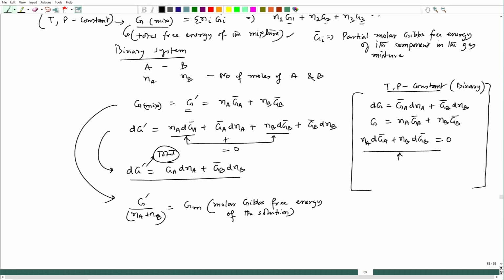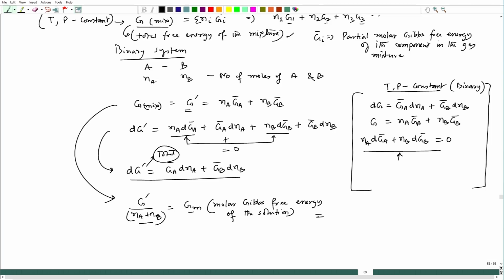This means it is for 1 mole of solution, because we are dividing by the total moles, since Na and Nb are the numbers of moles of components A and B. This is the total mole. So if we divide G prime by this, it gives the molar Gibbs free energy.